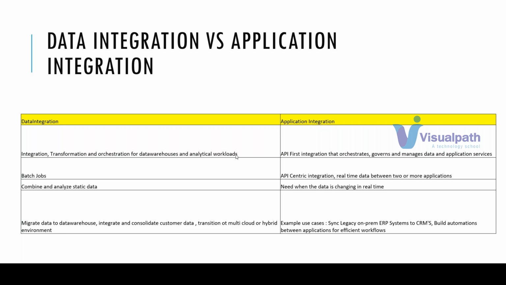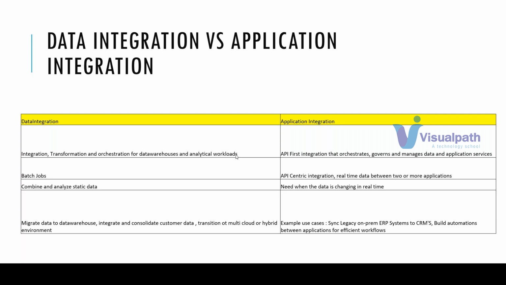Informatica Cloud Application Integration is more on the integration which can be a combination of on-premise and cloud, because it can even execute an on-premise job, but again it is more real-time. Real-time data between two or more applications. It's more API-centric. Whereas in data integration, you combine and analyze your static data, but in application integration we need it when the data is changing in real time.